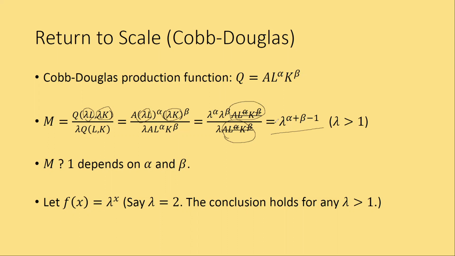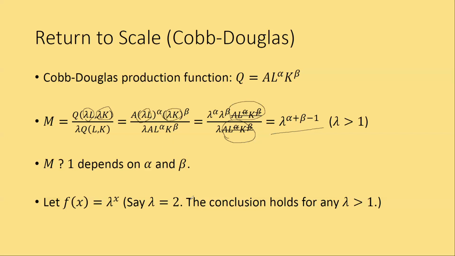As we defined in the previous slide, it is the relationship between M and 1, whether it is larger than, equal to, or smaller than 1, that determines if the firm has increasing, constant, or decreasing return to scale. And here, this relationship depends on the values of alpha and beta, of course. So we have two parameters here.